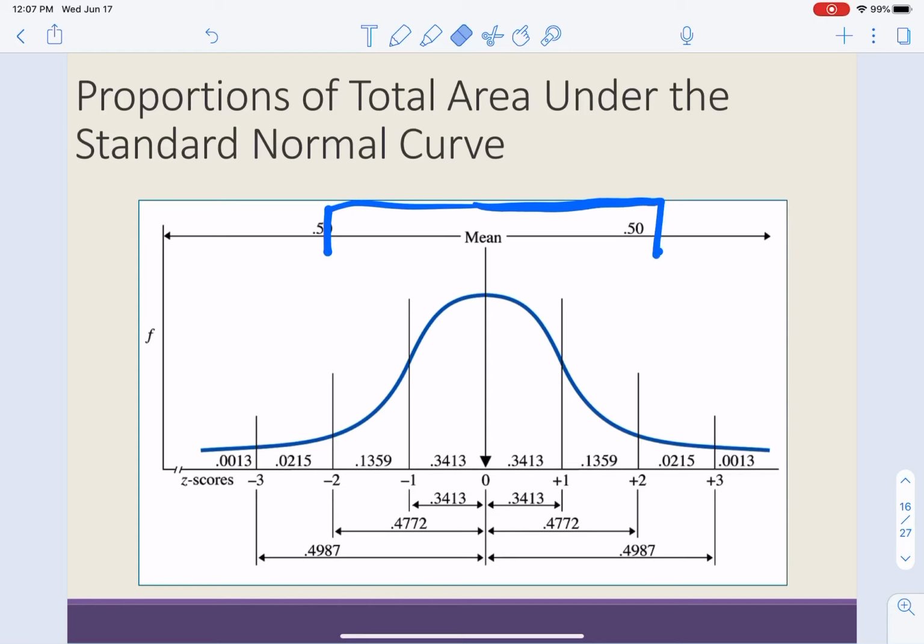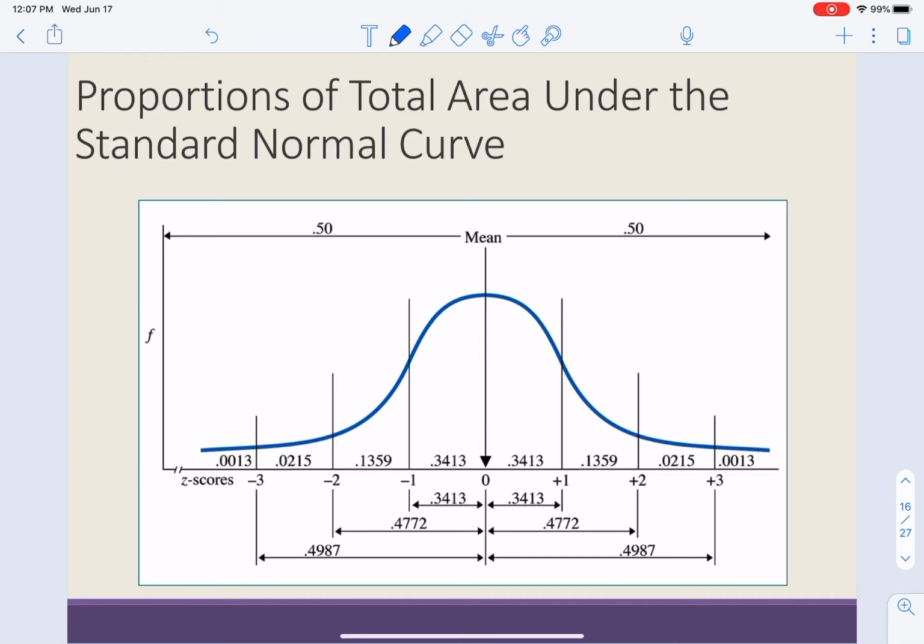And you can kind of see where I'm going. The further you go out, the more you incorporate, the closer you get to 100%. Now there's a fun special rule with this that we'll go over at the end of this video, I guess at the end of this PowerPoint. But this is the general idea here.